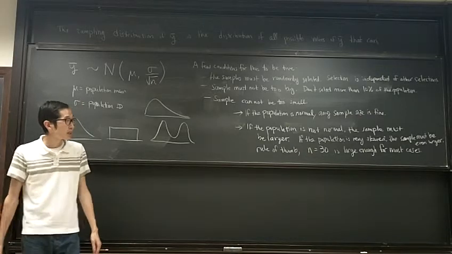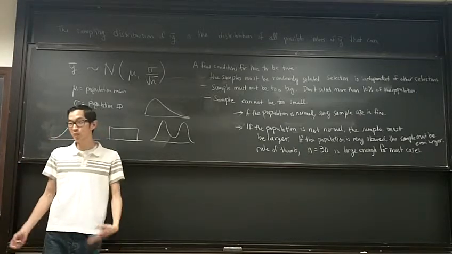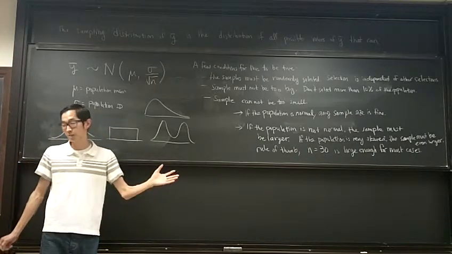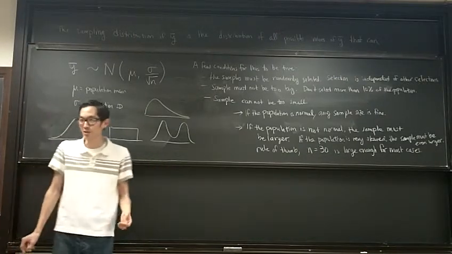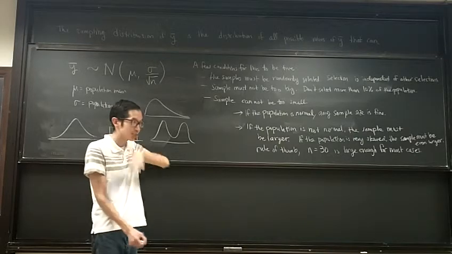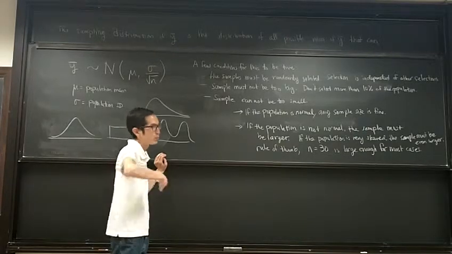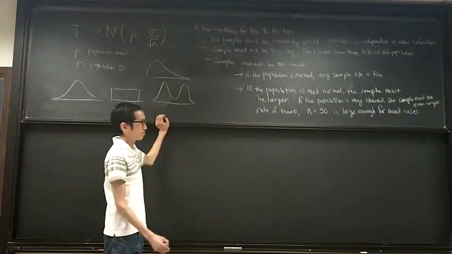But maybe income distribution is really skewed. A sample size of 30 is not going to be big enough; you need a sample size of 1,000 or something. Income is one of those things that's so extreme.